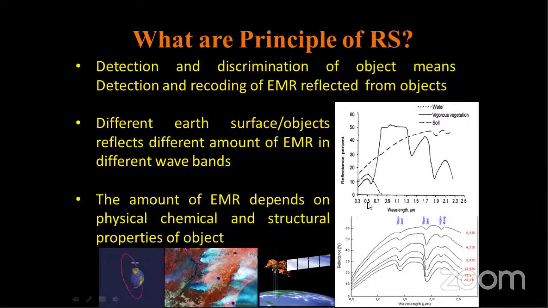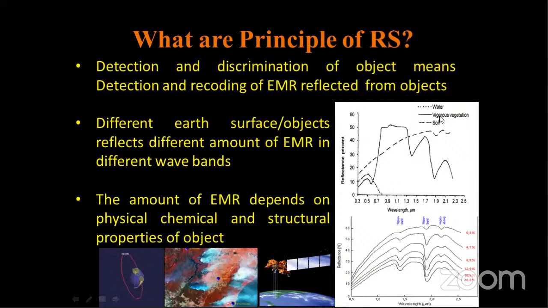In the X direction, this is wavelength. You may assume this as a band also, and then reflectance percentage, which is how much percentage is reflected from a particular surface.